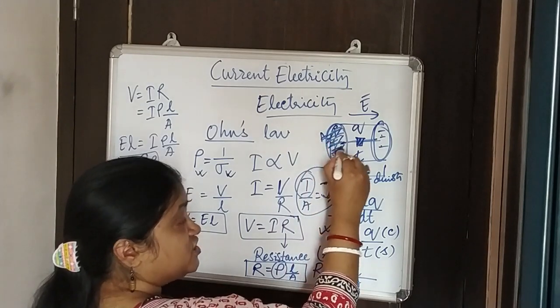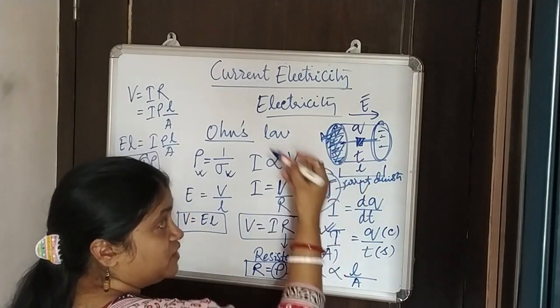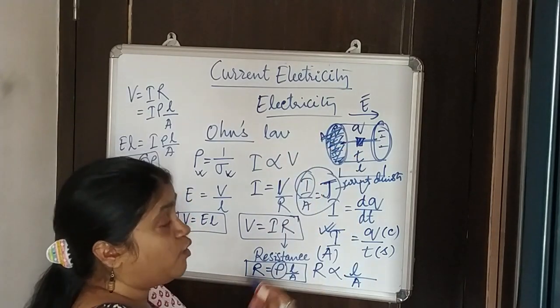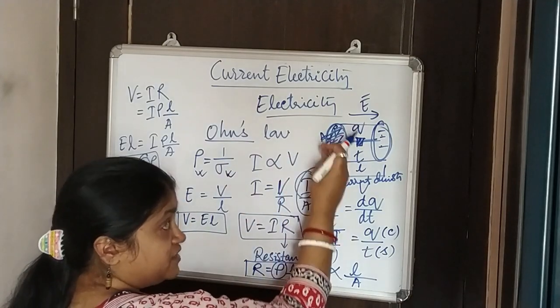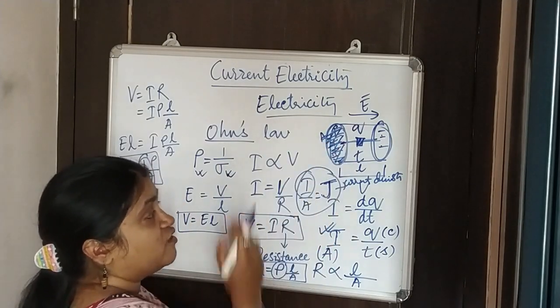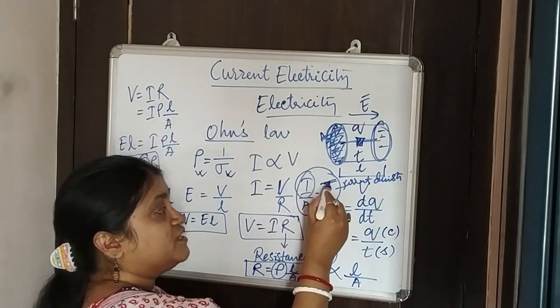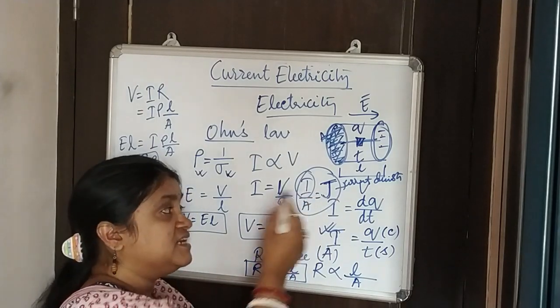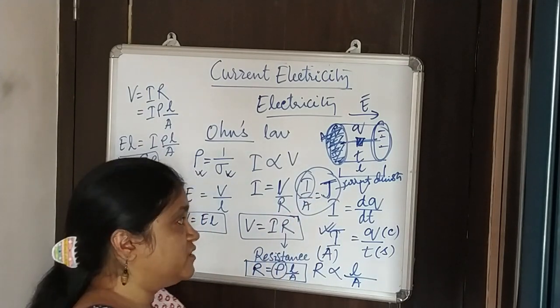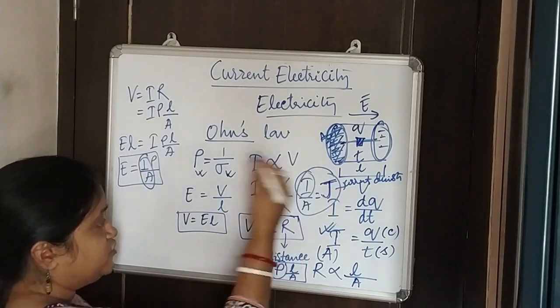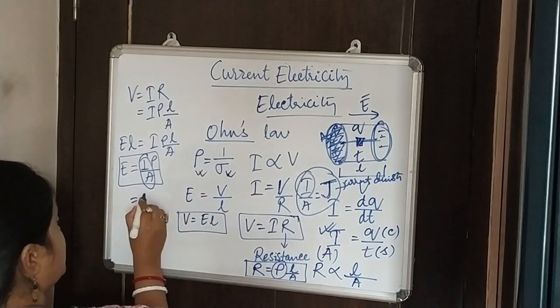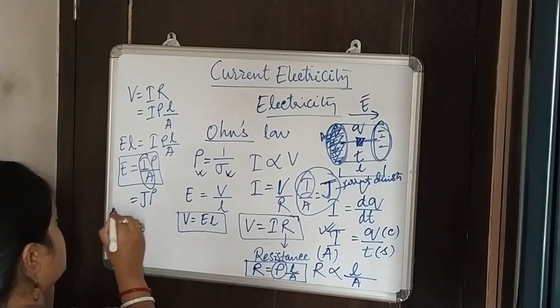How much current, or how much charge per time, is flowing through a cross-sectional area, we call it current density, and this current density is a vector quantity.